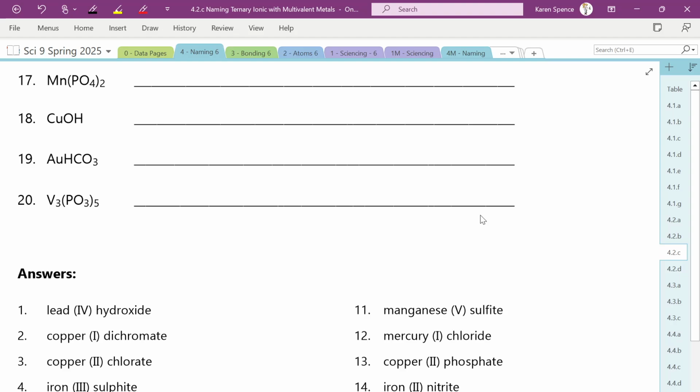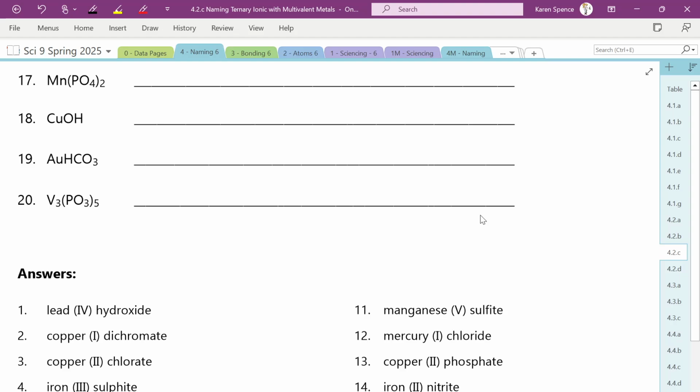Okay. So you have lead(IV) sulfide, so that is Pb, and its charge is 4 plus, and then sulfide is 2 negative. Do those cancel out? I would actually write them out.